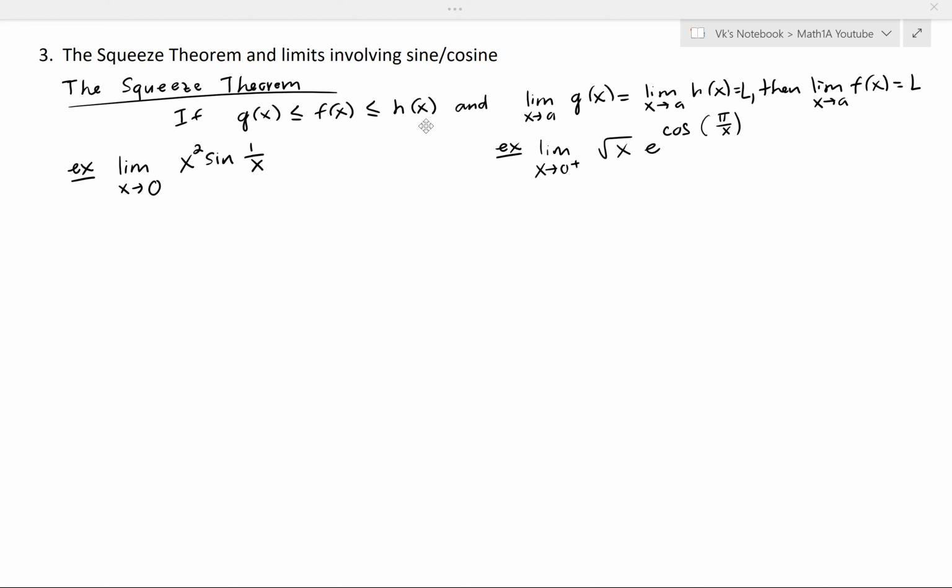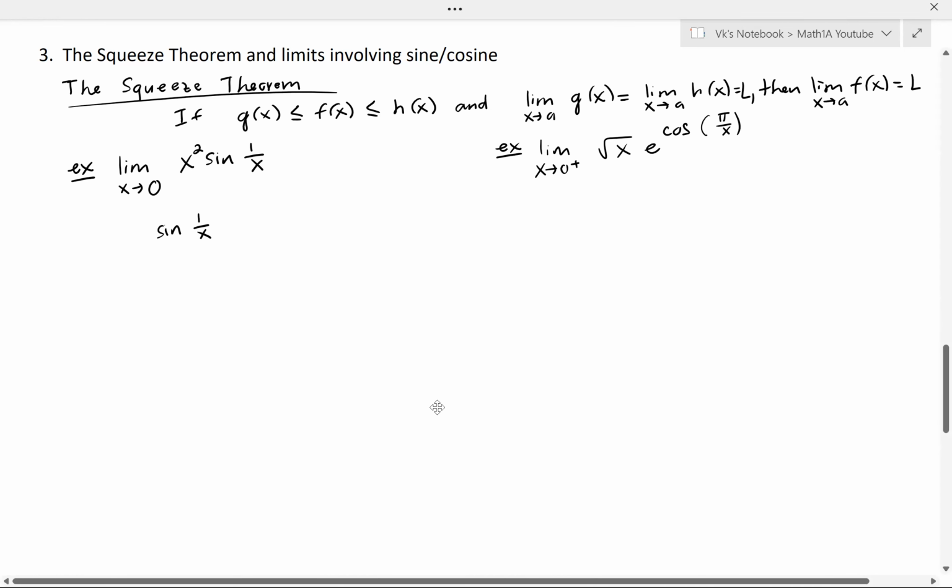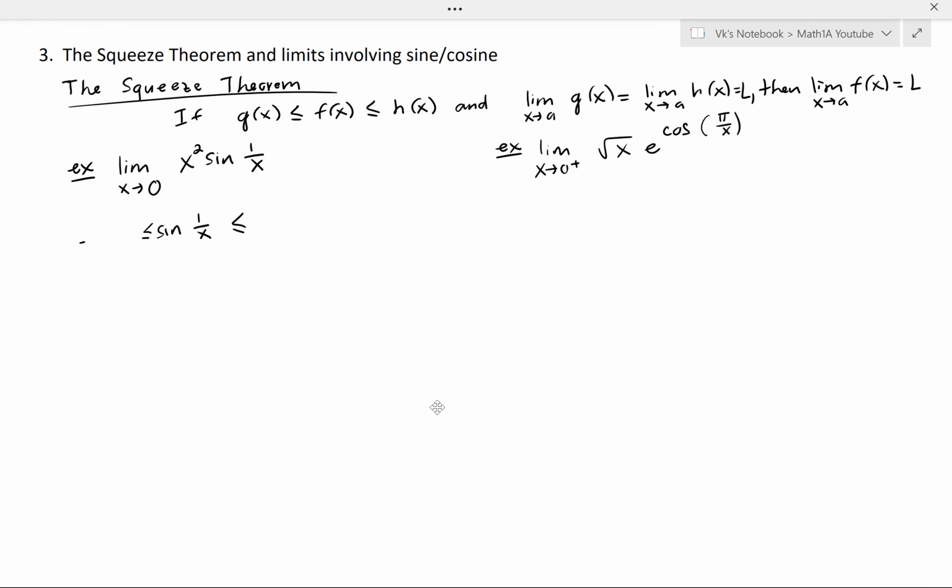Let's apply the Squeeze theorem to this example. In the first example, we want to figure out the limit as x approaches 0 of x squared times sine of 1 over x. Well, 1 over 0 is undefined. We don't want that. So it is best to notice that sine of 1 over x is between -1 and 1.